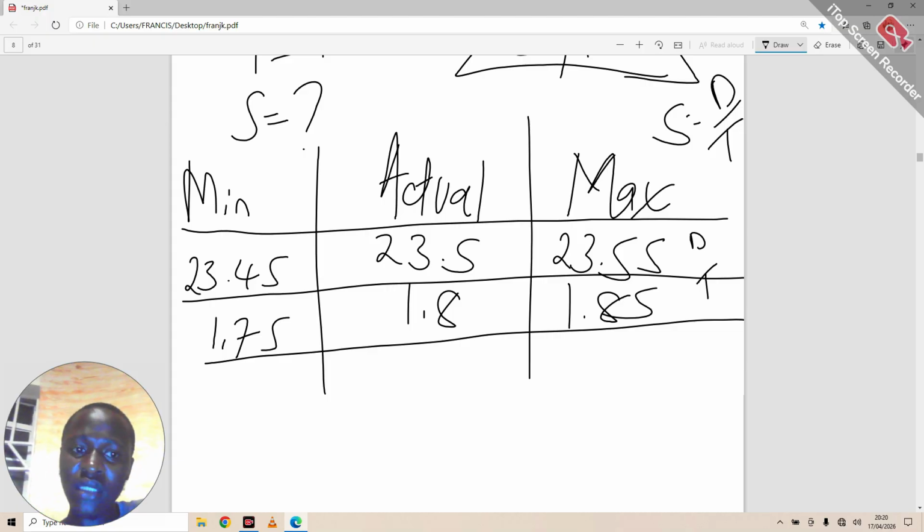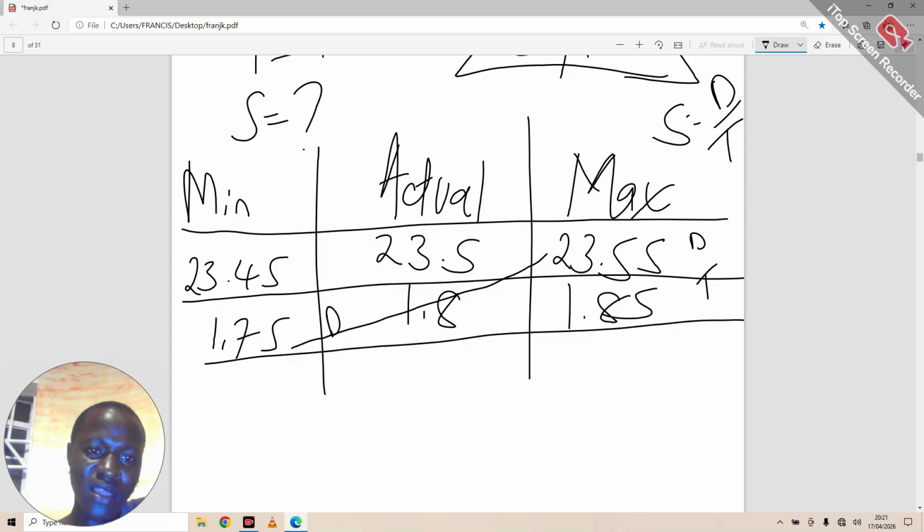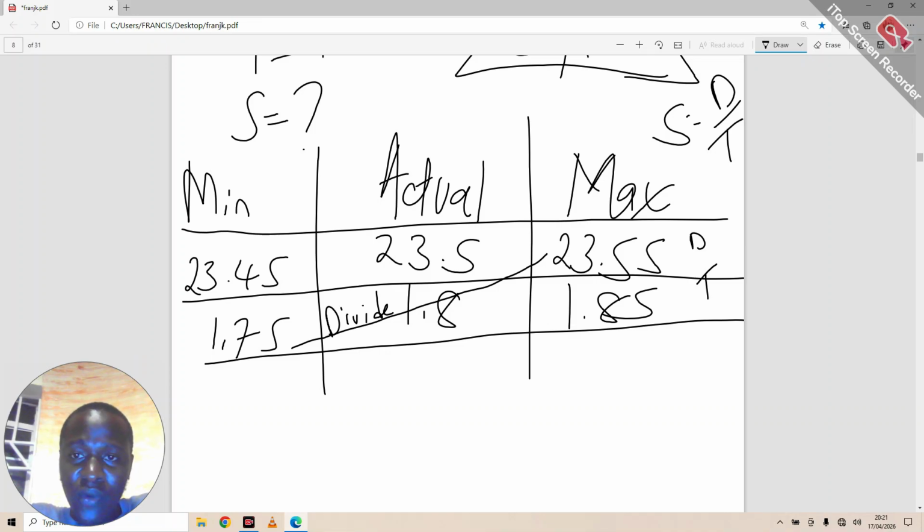So in this case, to divide, let's start with the maximum column. You draw a line from that top part to the bottom part, then you divide. Having a calculator, we have 23.55 divided by 1.75 to get the maximum column.